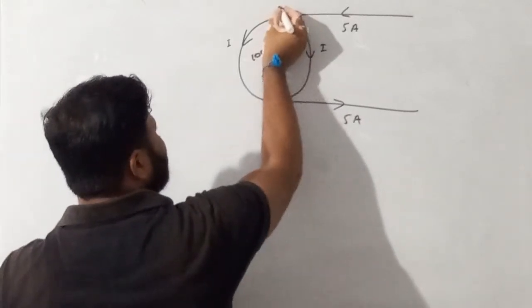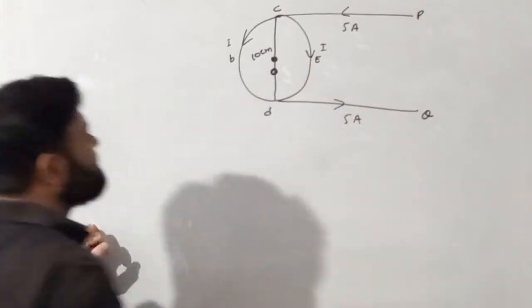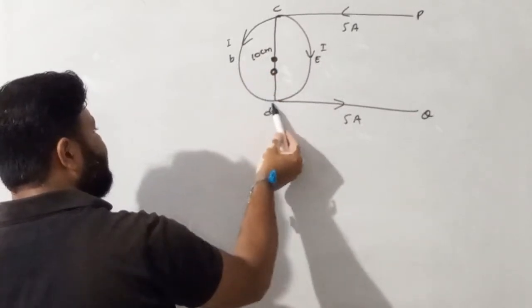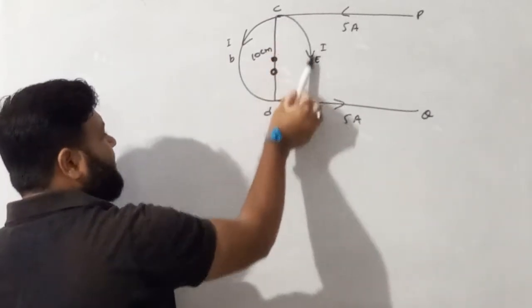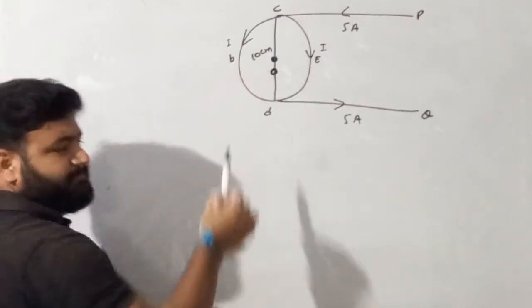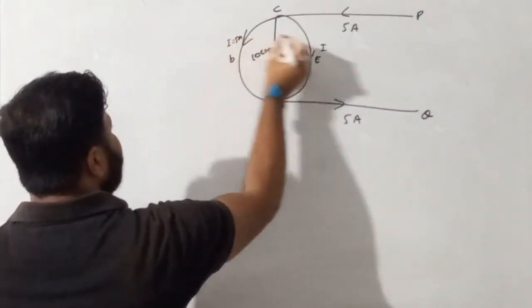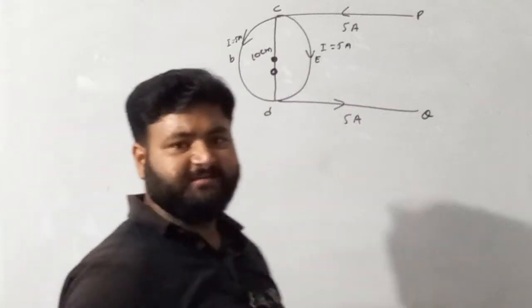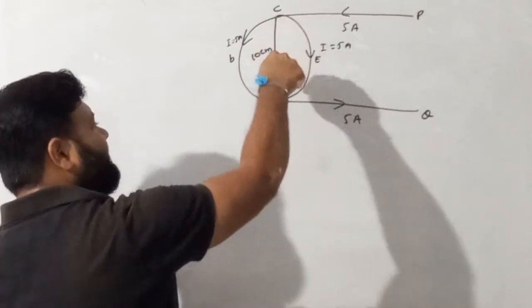Let's suppose the points are C, B, D, E, and this is P and this is Q. The part C, B, D carries current in this direction, and the part C, E and D has current in the other direction. Both currents have the same magnitude, 5 ampere, and are in opposite directions, so the magnetic field due to both parts is the same in magnitude.